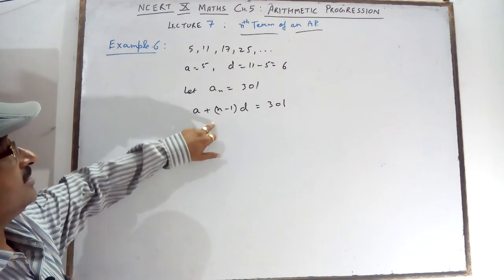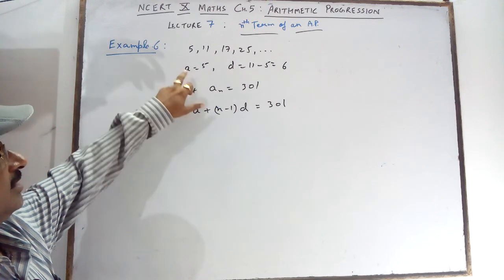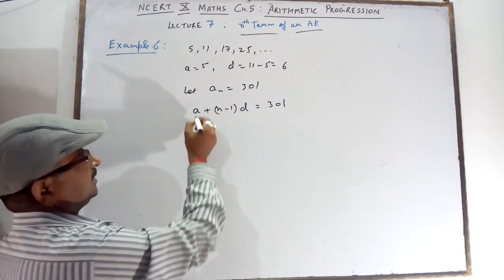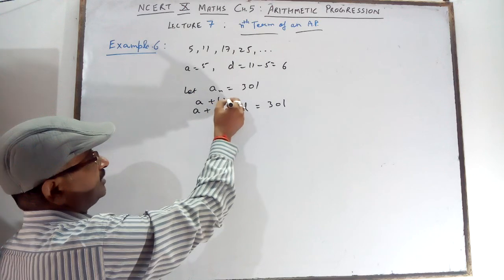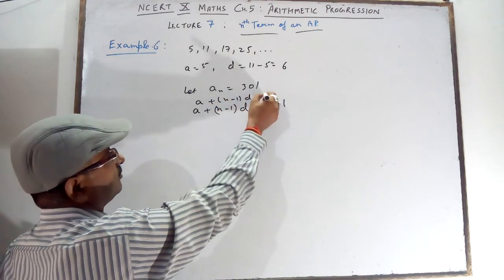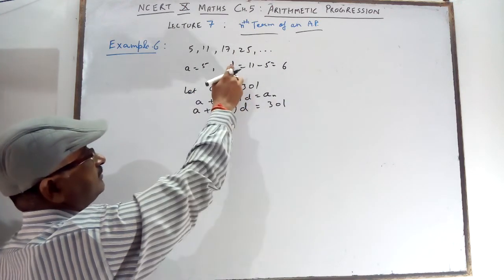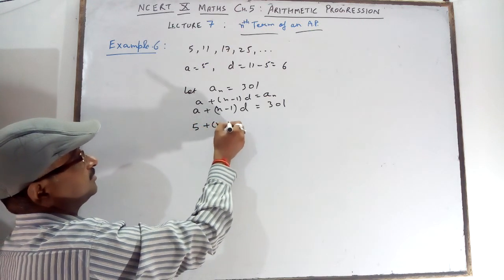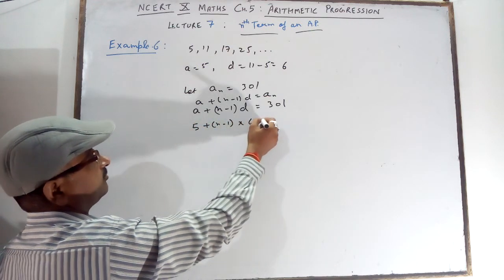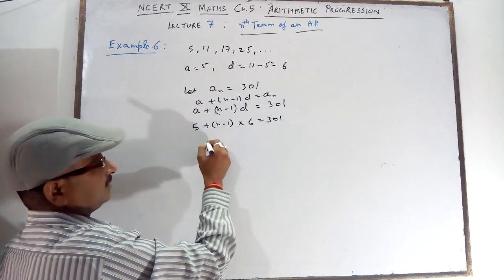You put the values of a and d in the formula. The formula of an is a plus n minus 1 into d is equal to an. an is given 301, a is 5, so 5 plus n minus 1 into 6 is equal to 301.